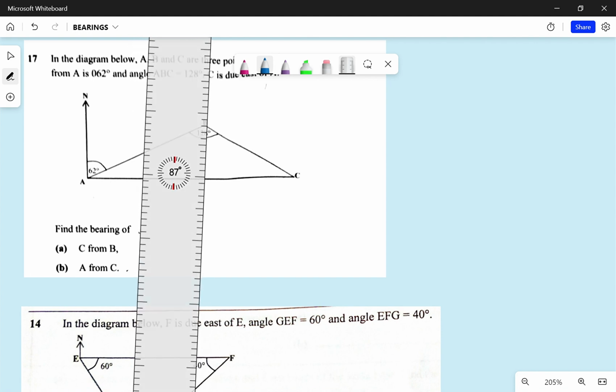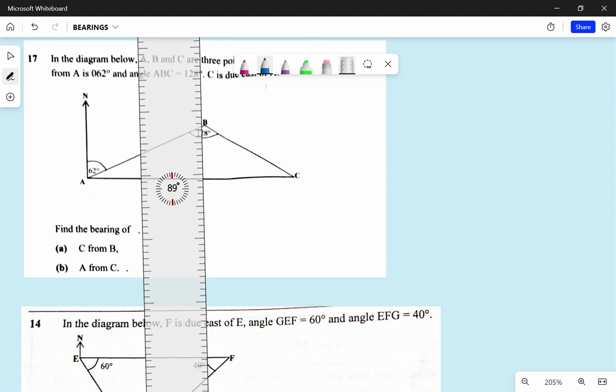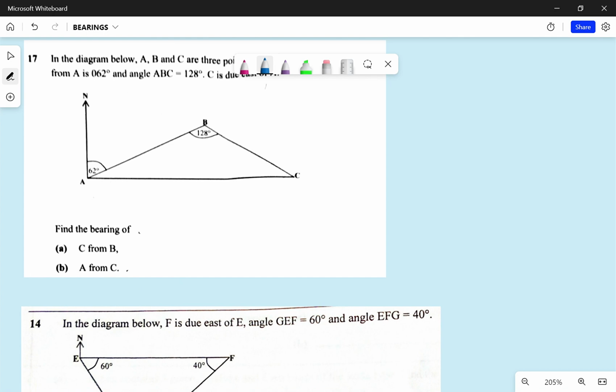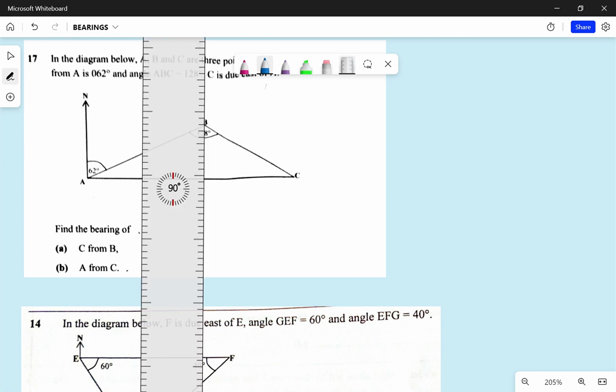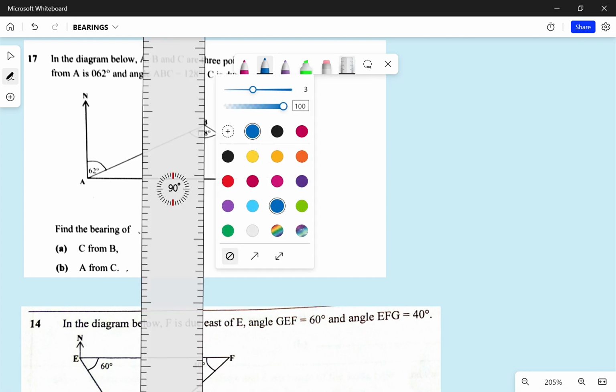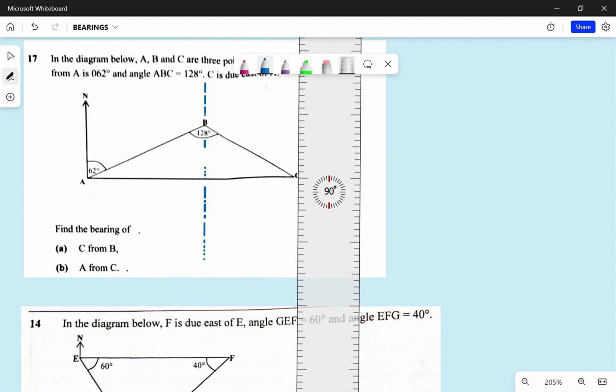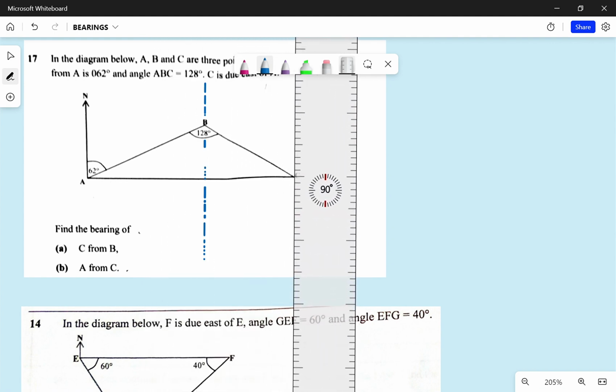So my north is there. Let's also create a north here at C.